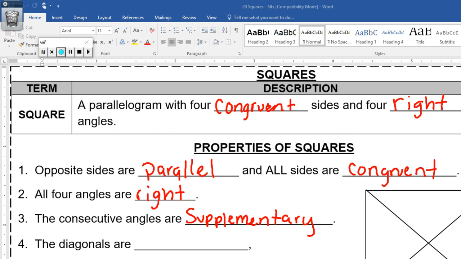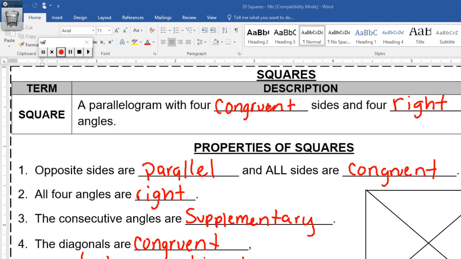The diagonals are congruent. They're perpendicular. And they bisect each other.